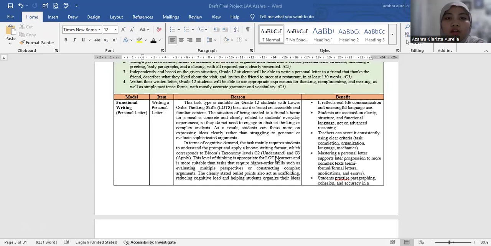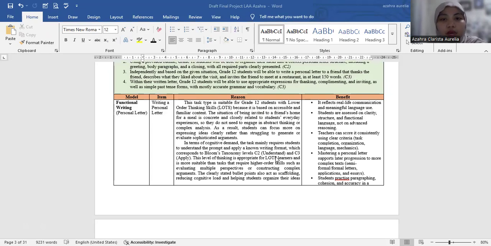The reason why I chose this task is because it is suitable for grade 12 with low order thinking skill students, because the context is very familiar and concrete. The students don't need abstract thinking, they only need to understand the situation and apply a known format.